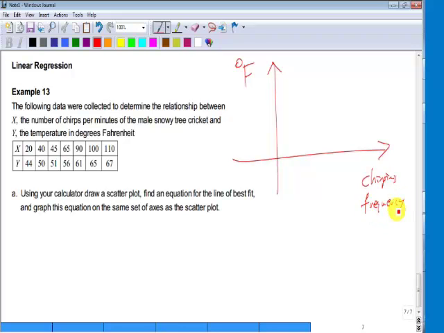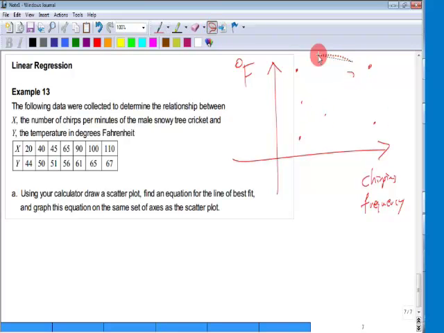If we were to plot these points and they were just all over the place, like it's really cold and not much chirping going on, and then it's still cold but a whole lot of chirping, or it's really warm but not much chirping, and then still warm and a whole lot of chirping, we would think the chirping frequency and the temperature don't have a whole lot to do with each other. One doesn't really determine the other because these dots are just all over the place.